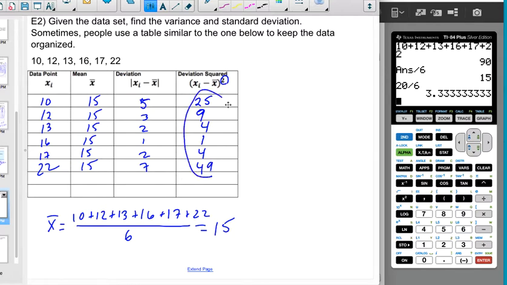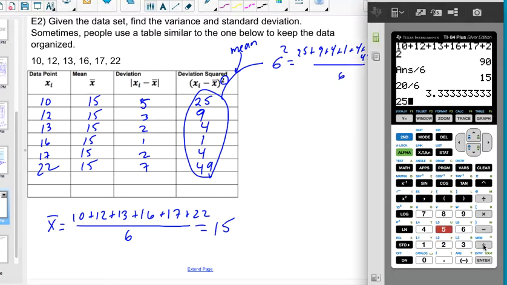Okay, so the variance, sigma squared, is what's going to happen when I average these. So I'm going to basically find the mean of the deviation squared. So 25 plus 9 plus 4 plus 1 plus 4 plus 49, all divided by 6. Let's go ahead and do that.